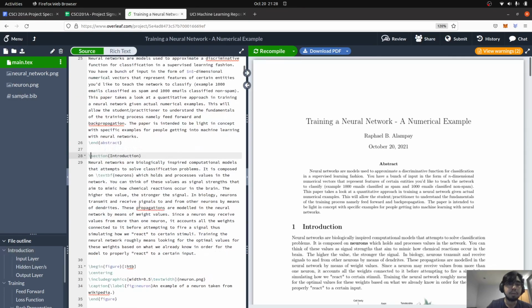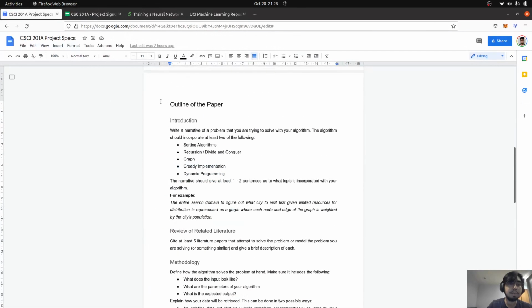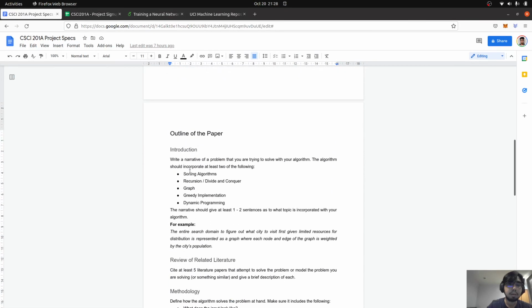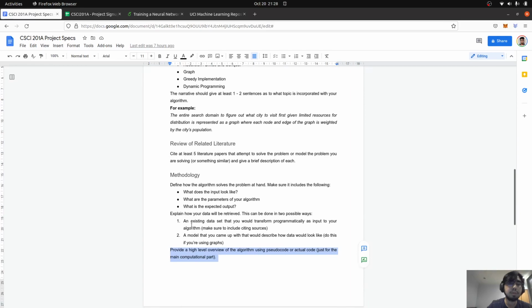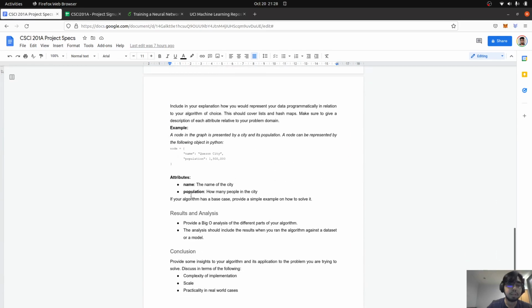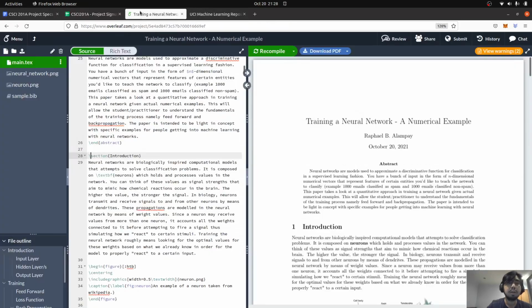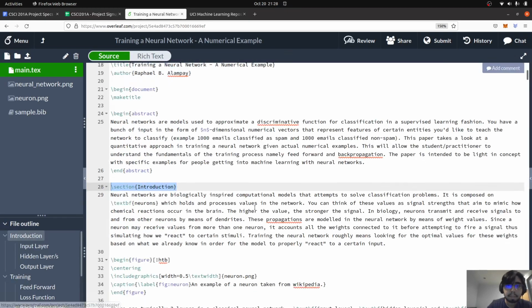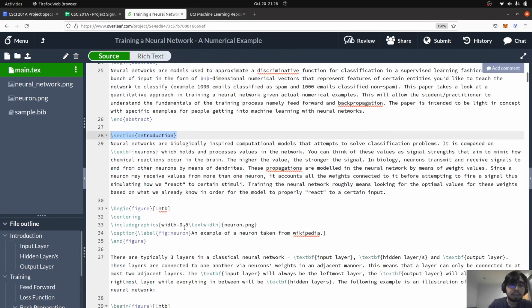So each of the parts here in the paper, that would be introduction, review of related literature, methodology, results and analysis, and conclusion, is considered a section. As you can see here, let me zoom in a bit. So you declare a section by putting in \section and then the name of the section.